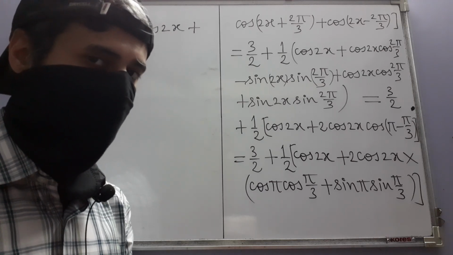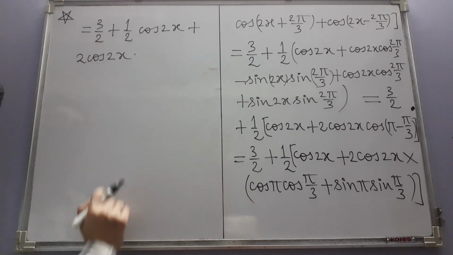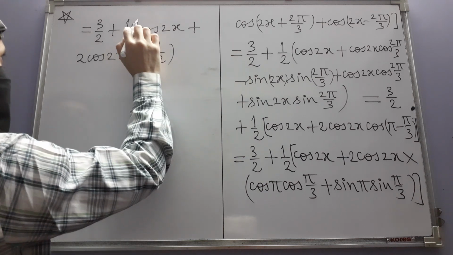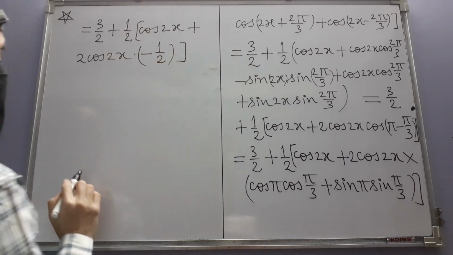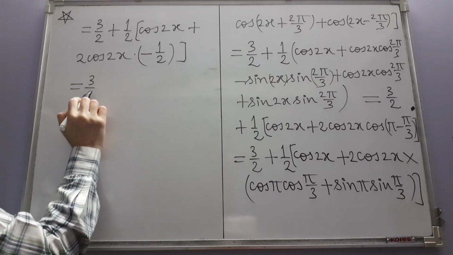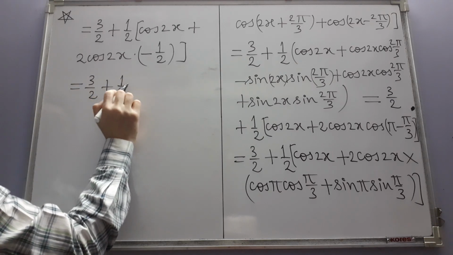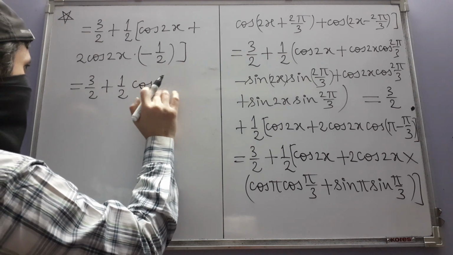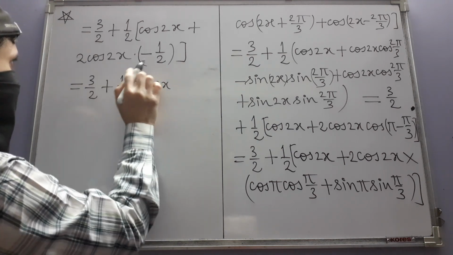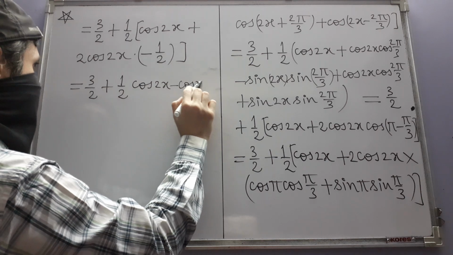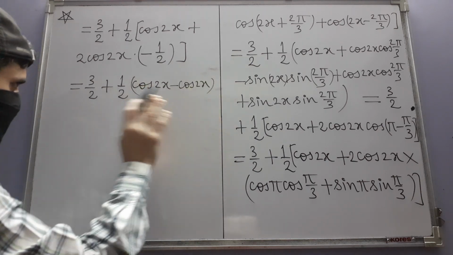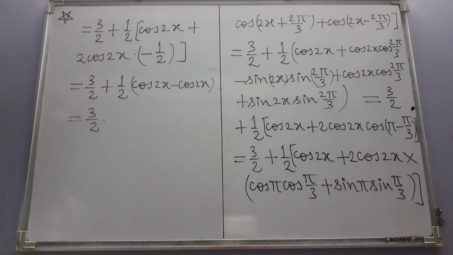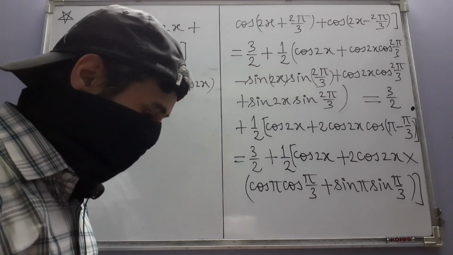That is 1 divided by 2, but with a minus sign. Plus 1 over 2, that means we are getting cos 2x minus cos 2x, and that is why this part really is 0, and this is just 3 over 2, hence proved.